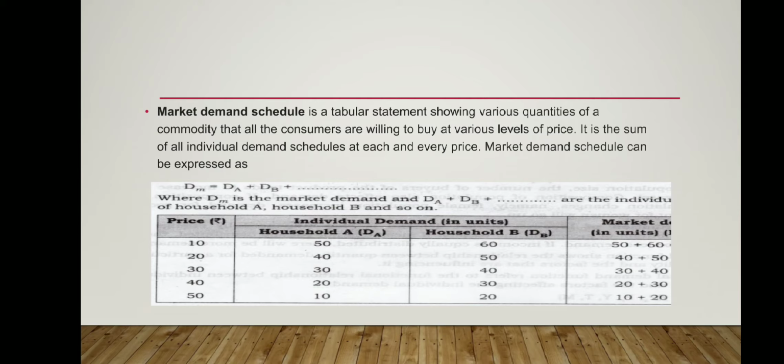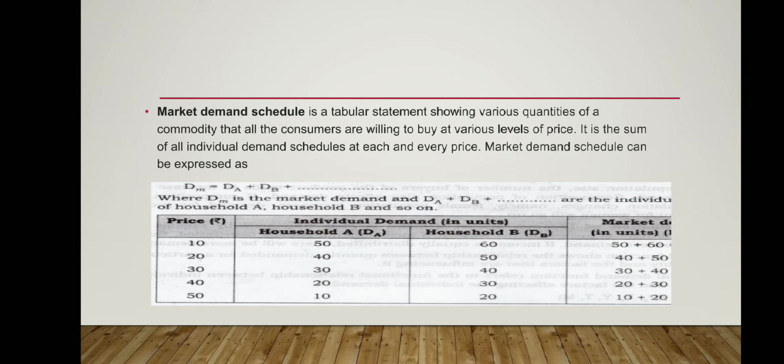So here we can sum total of it, individual A and individual B. 50 plus 60 is equal to 110. So the market demand at rupees 10 is 110 units.